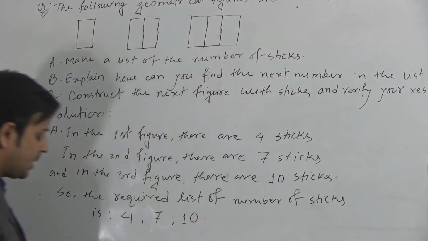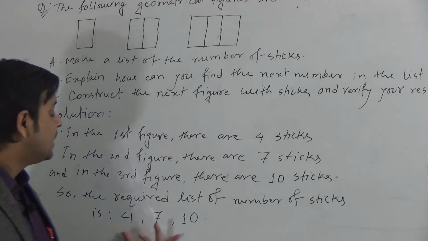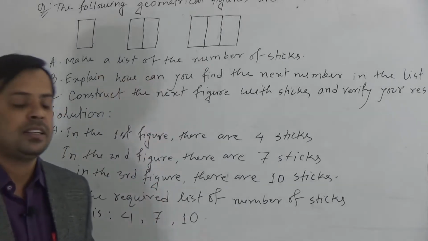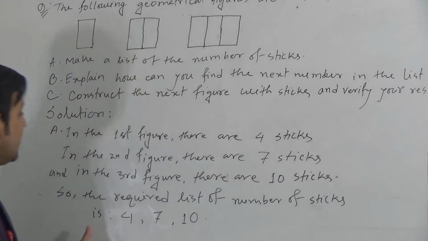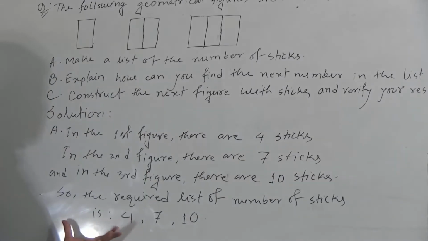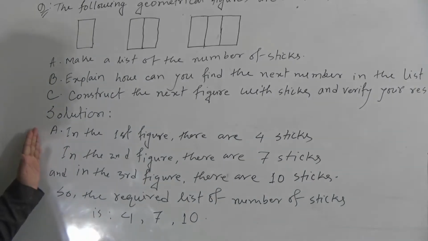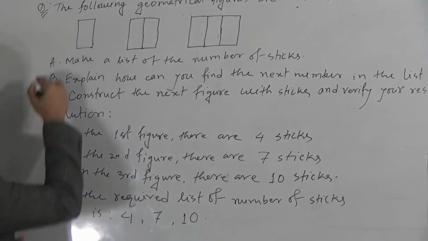This is the required list and this forms a pattern. This is the numeric pattern of the given geometric pattern also. Okay, dear students, so I have done question A. Now I will solve question B.